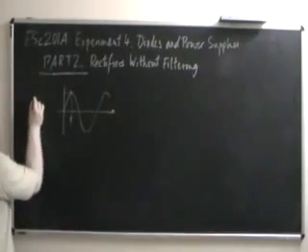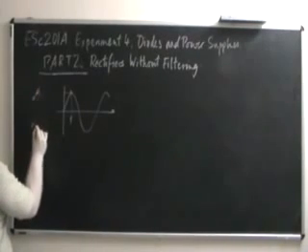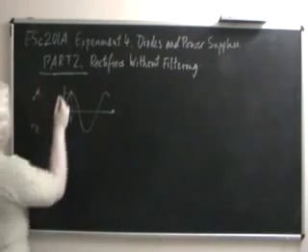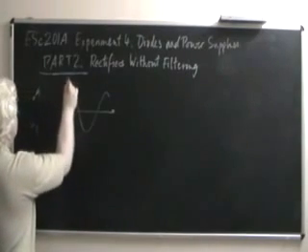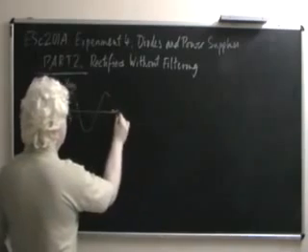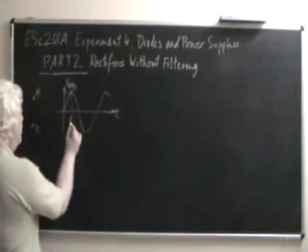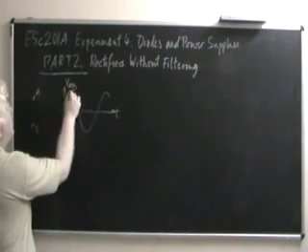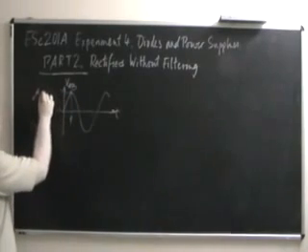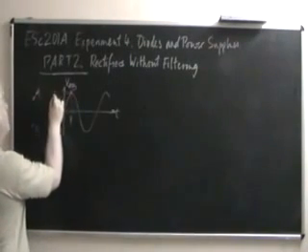You have somewhere two points on a circuit. Let's call them A and B, and let's say that this voltage is VAB. This of course is the time axis. What we mean by saying VAB has this shape is that at this point of time, VA, the voltage of point A with respect to B, is so many volts, let's say 10 volts.